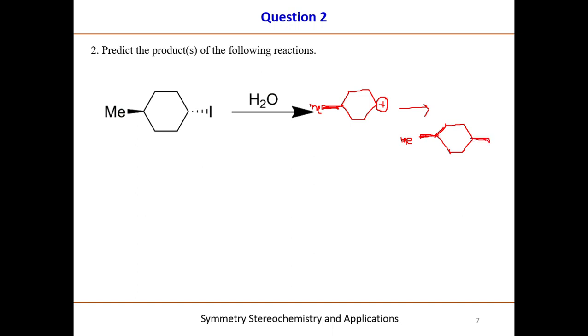So in one case, what we will get? Hydroxy group above the plane. And the second possibility is with the hydroxy group below the plane. Because a weak nucleophile is present, that's why it will follow the SN1 pathway. That means first bond breaking will take place, then bond making.